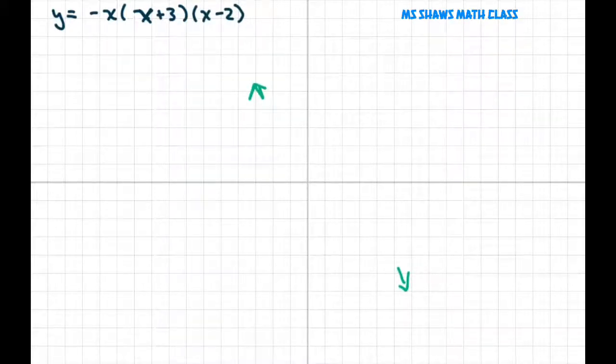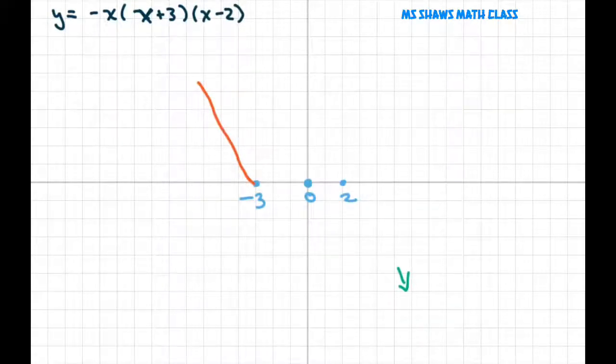All right, now let's plot our zeros. We have 0, 0, negative 3, and 2. Now we're going to start in quadrant 2, and so we hit negative 3. Since this is a multiplicity of 1, it means I can cross. So I'm going to cross here. Now I'm not going to worry about min and max for this video.